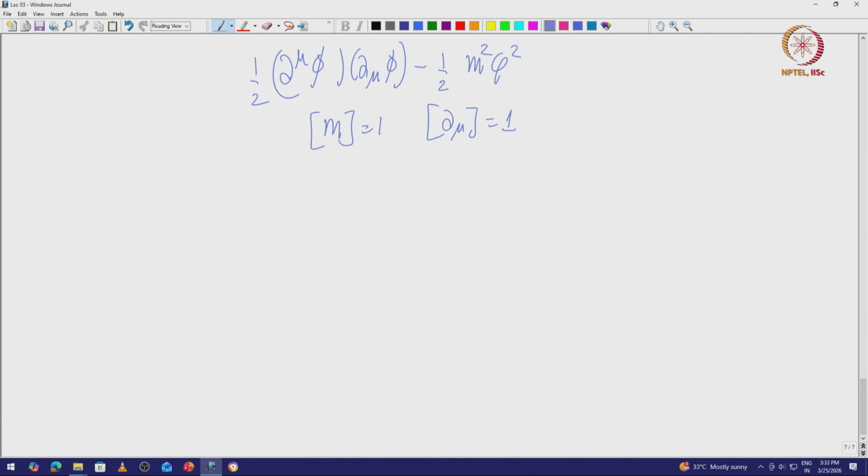Del by del x has a dimension 1. So putting this back, the total Lagrangian has mass dimension 4.